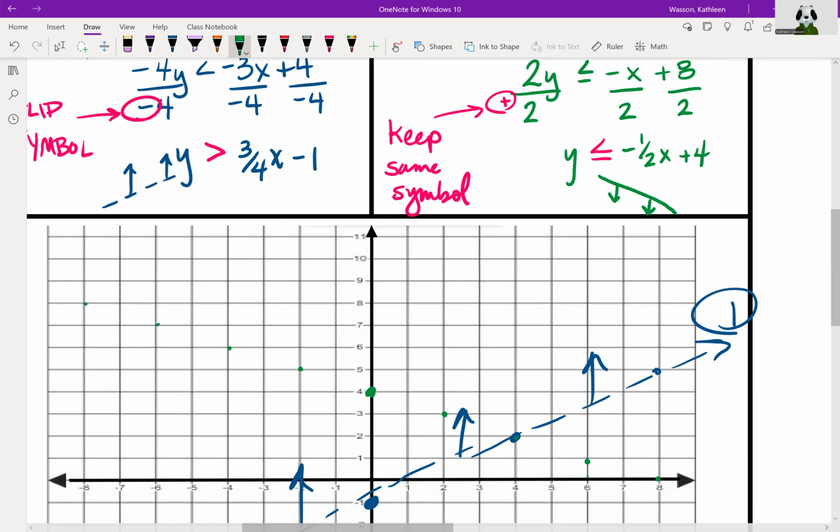This will be a solid line. And the solutions are everything below this. Okay, here, let me get to a stopping point and I will help with domain and range.